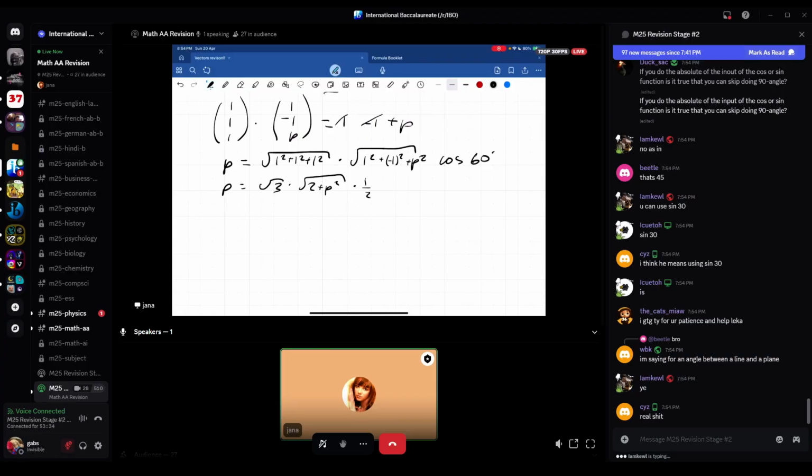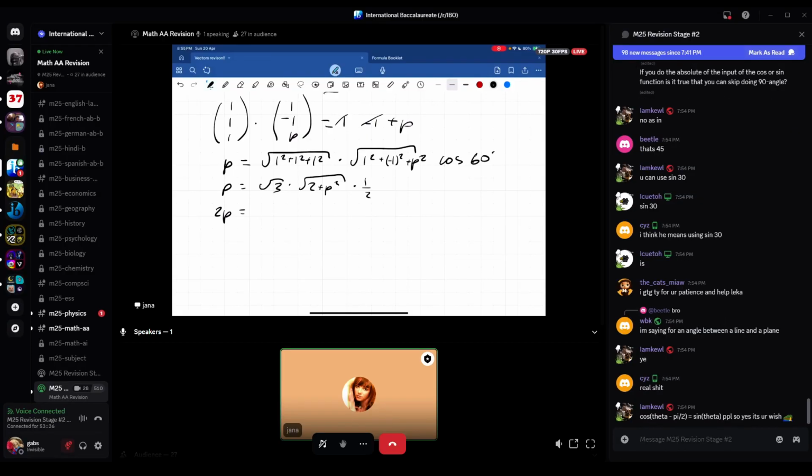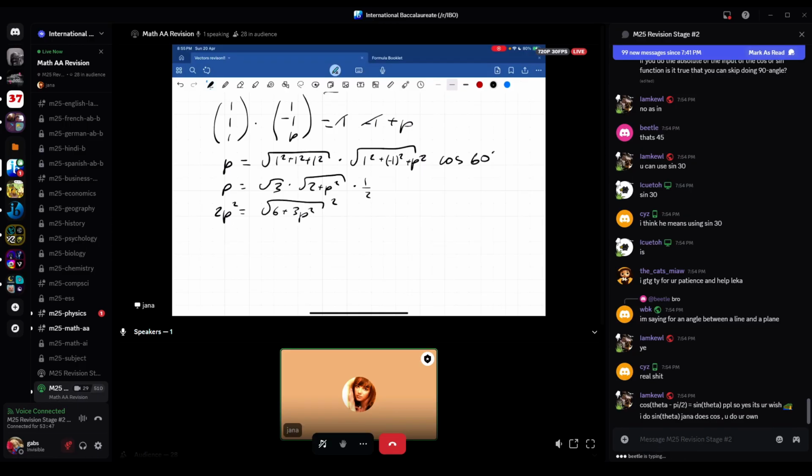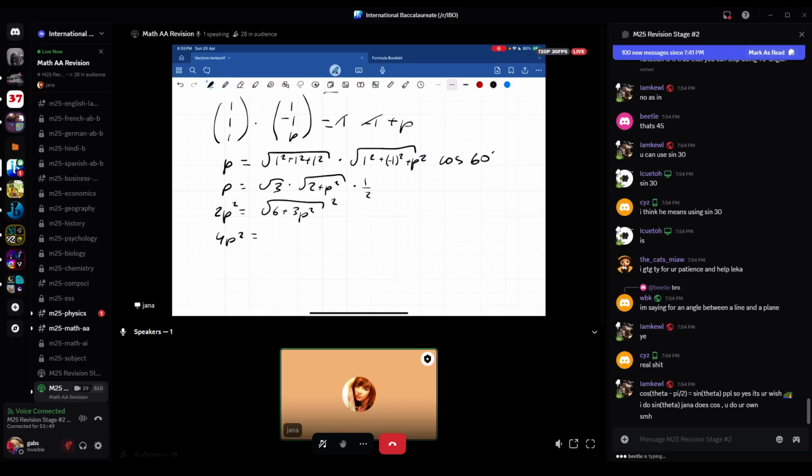Right, anyway, I'm going to multiply by 2 because I don't want to deal with that fraction. 2p equals the square root of 6 plus 3p squared, right? Now we're going to square both sides. 4p squared equals 6 plus 3p squared.